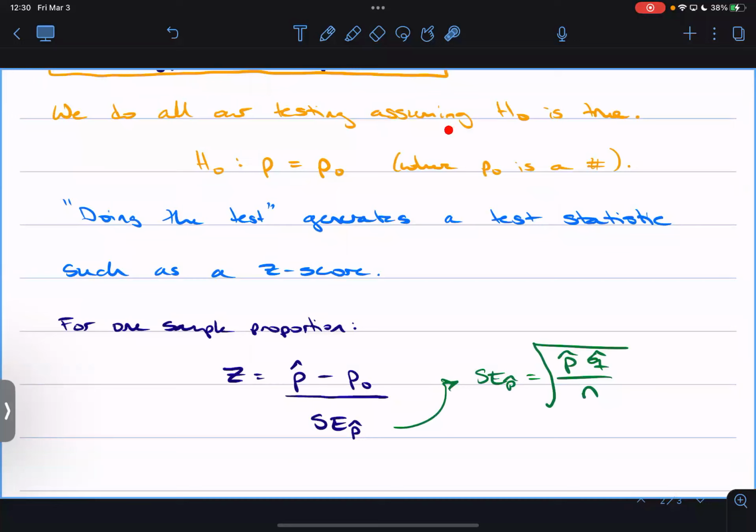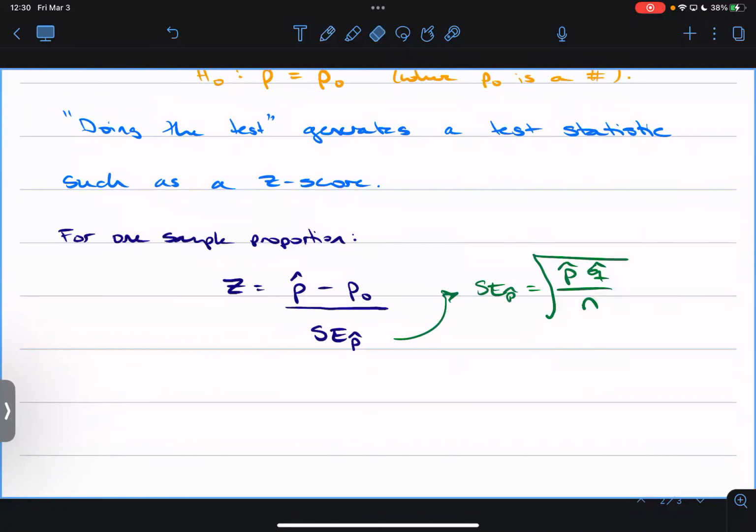So if the null hypothesis is true, then I know P is equal to P naught. So the only change here is that P hat Q hat turns into P naught Q naught. Okay, maybe I said it. It wasn't so bad. Maybe I can clean up this arrow. So messy. Oh well.